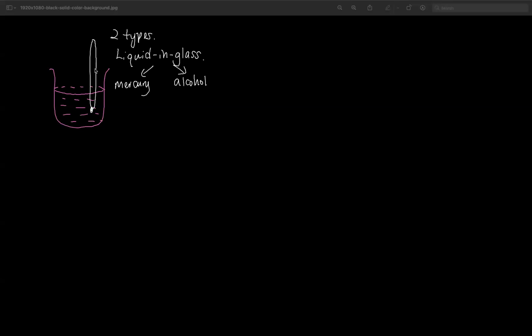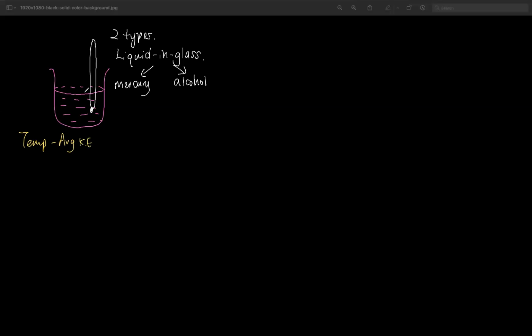Now, to measure the temperature of a substance, first we dip the thermometer inside and then we wait. Why do we wait? Because we want it to achieve what? Thermal equilibrium. Okay, we want the temperature of the thermometer to be the same as the water. So temperature is just what? Average kinetic energy, right?